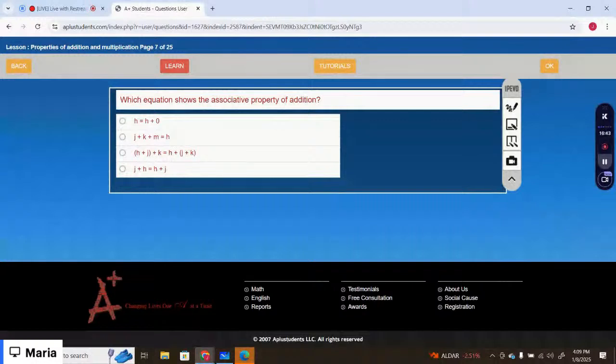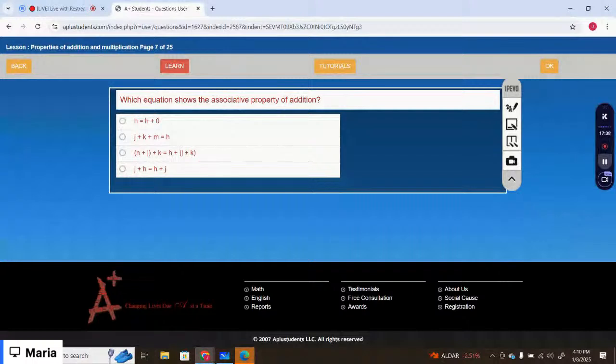Which is the correct option? Option number C is the correct option.